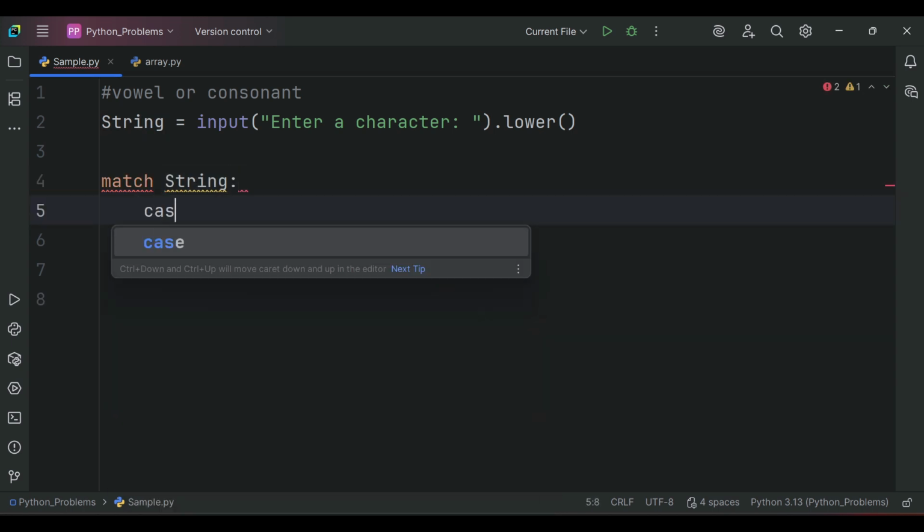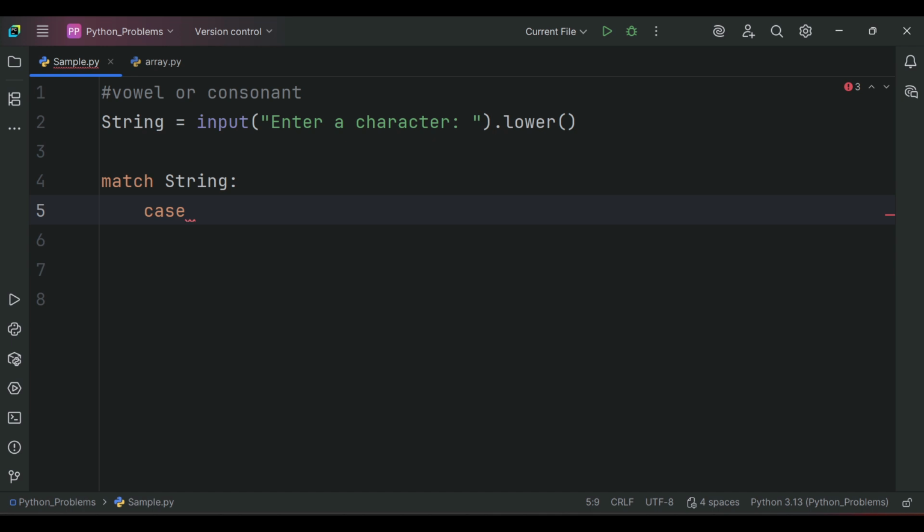Case, here I am taking small a or small e or small i or small o or u. This is the case.